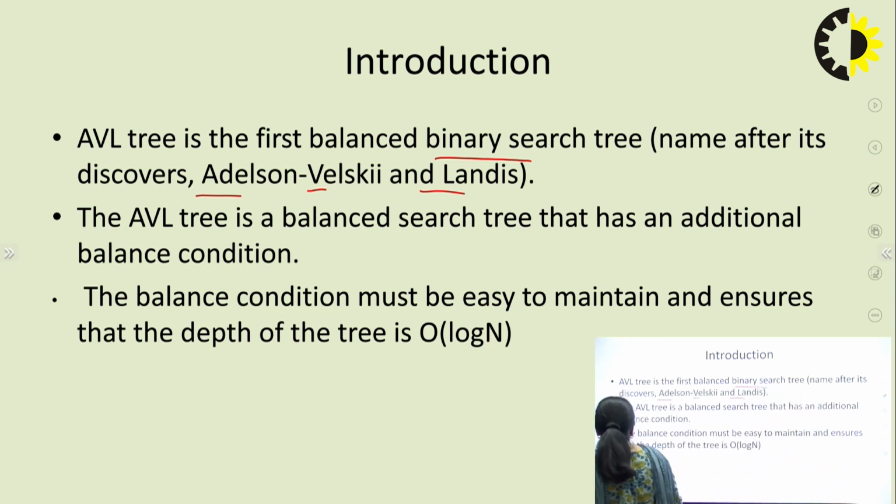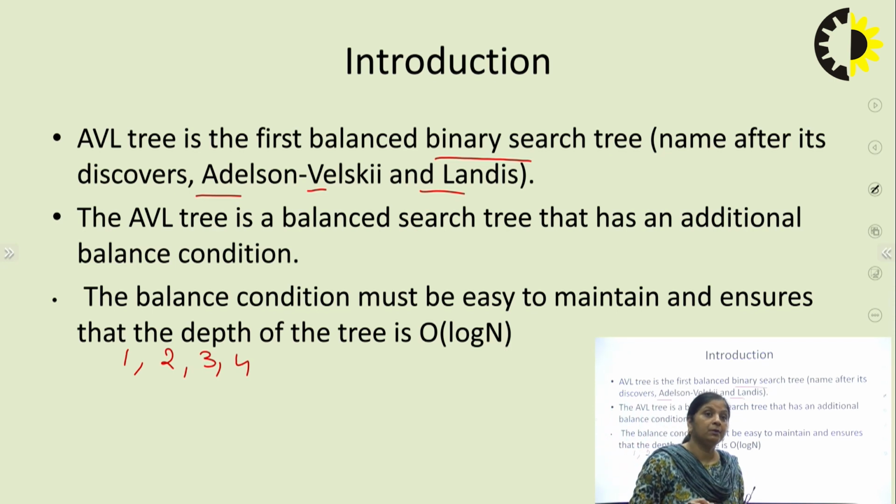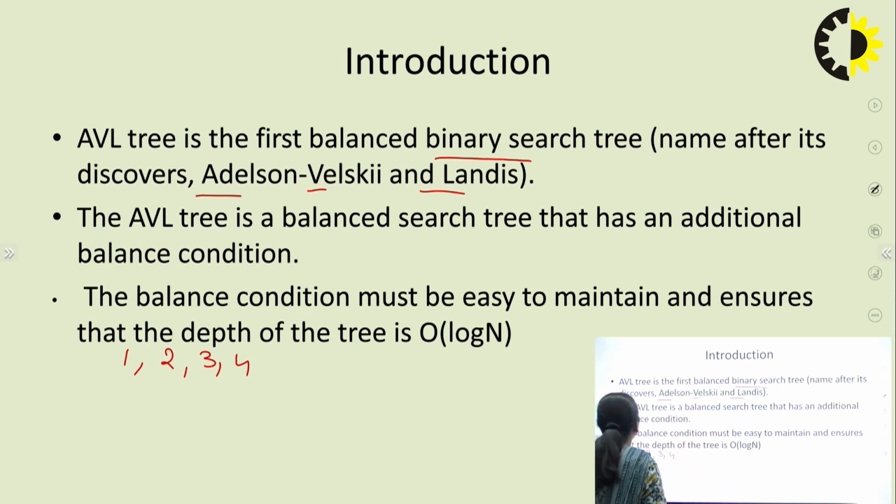So if I am getting these values 1, 2, 3, 4, when I insert these values in a binary search tree, it may create a binary search tree with maximum height. For example, if I insert 1 first, then 2, it will be inserted on the right side, then 3, as 3 is greater than 2, we will insert this in the right subtree, as right child, then 4.